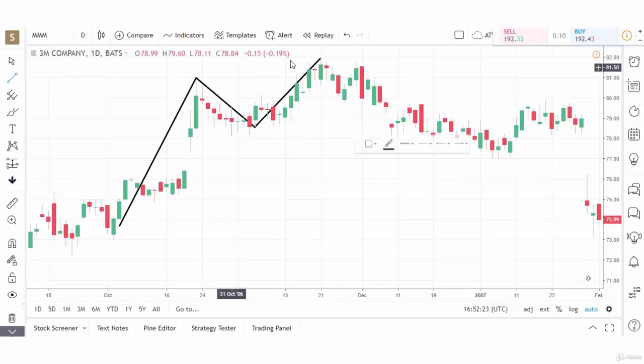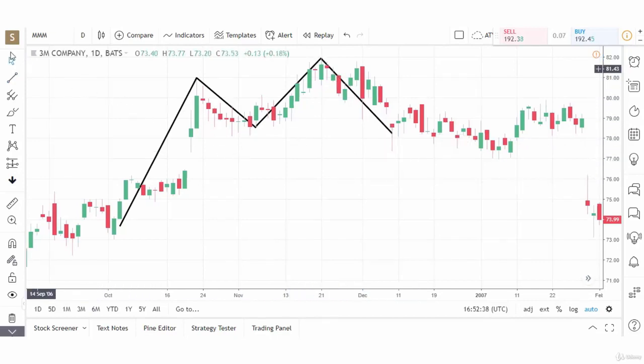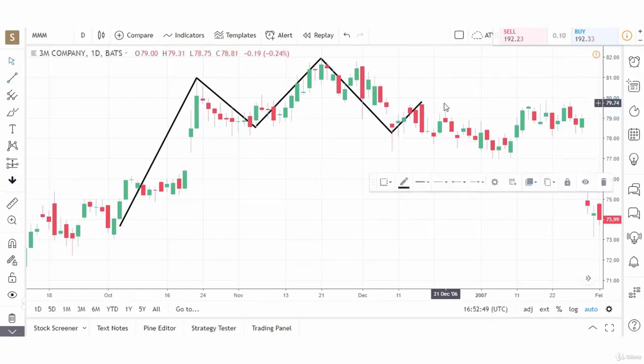The stock pulls back again to this level, attempts to rise, and our second shoulder doesn't get quite as high as the first shoulder, and then the stock moves down.